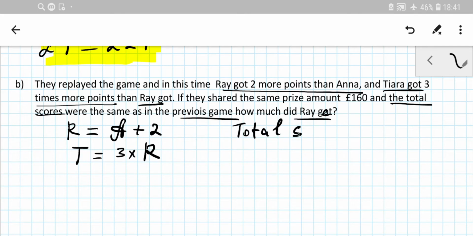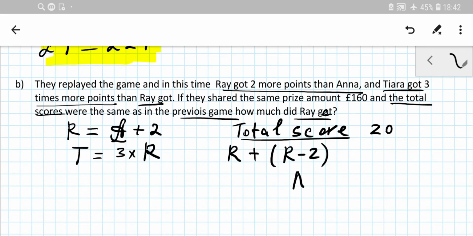The total score for 3 persons is 20. So we add Ray's score R plus Anna's score, which can be expressed through this equation as R minus 2, and we add Tiara's score, which is 3R. In total, we need to get 20 points.